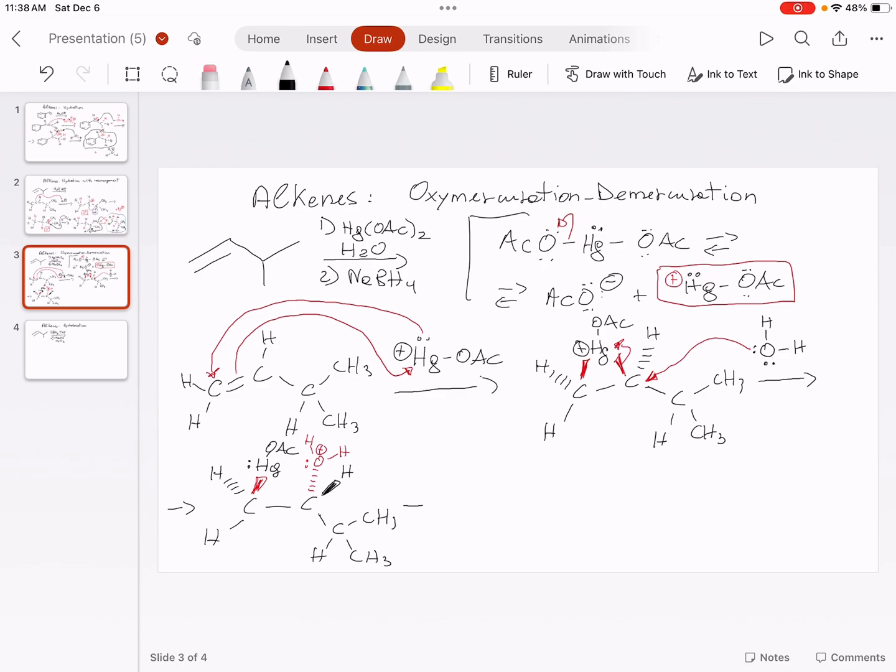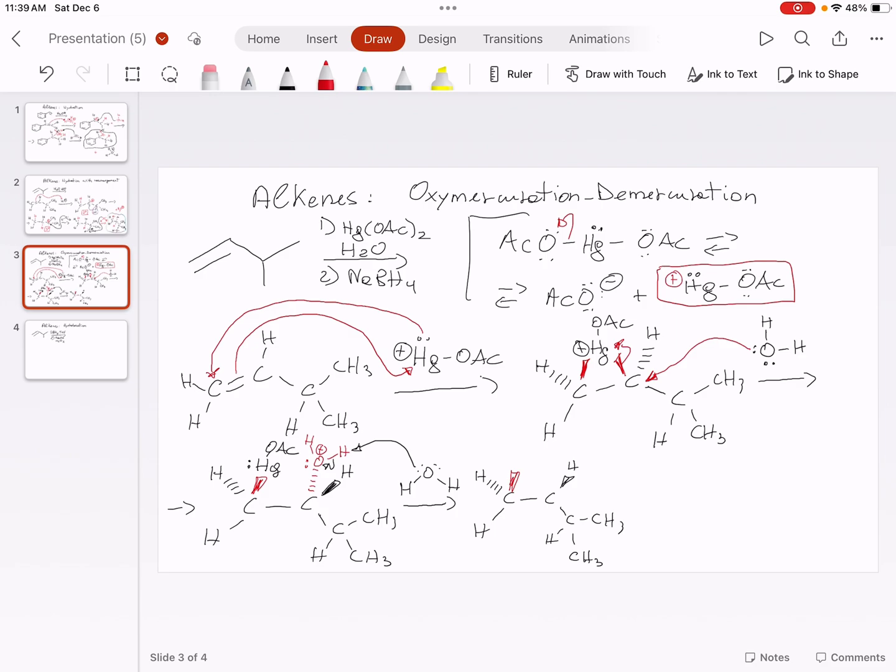The first one is going to be deprotonating this intermediate to make the product of the so-called oxymercuration, which is the first step. So water takes the hydrogen, so this again is the part of the molecule that did not react.